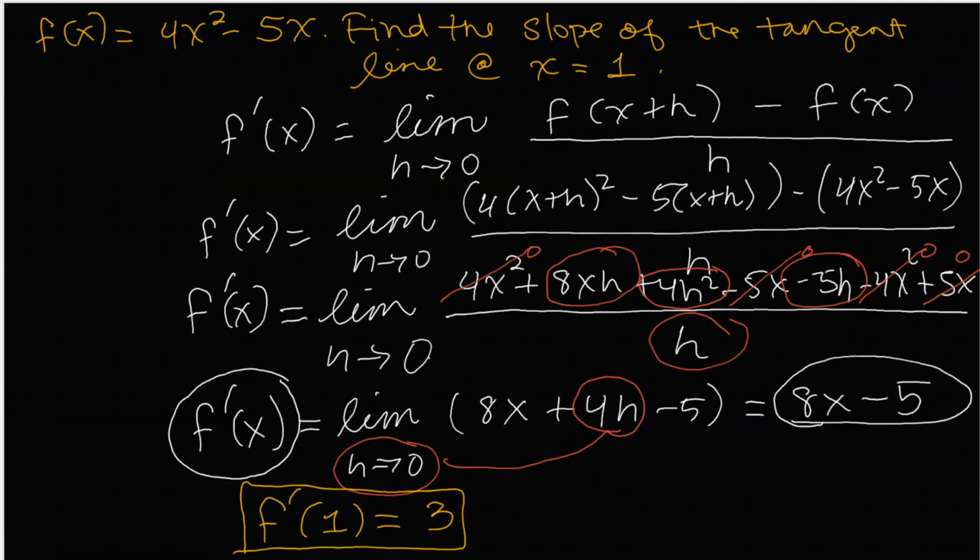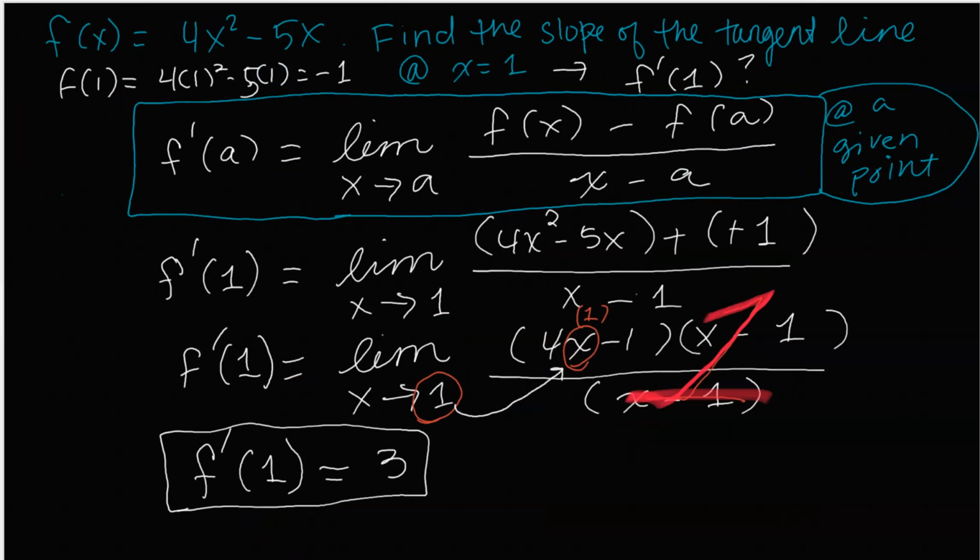What if I want a derivative at 2 instead of at 1? If we were using this definition here, I'm going to have to redo all of that process for a being 2.